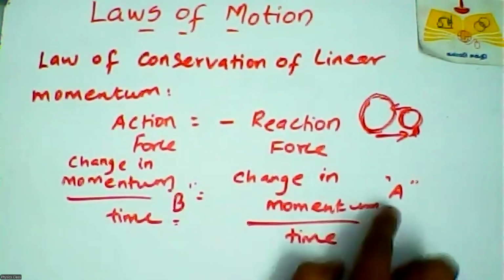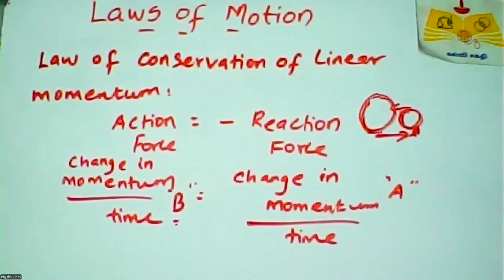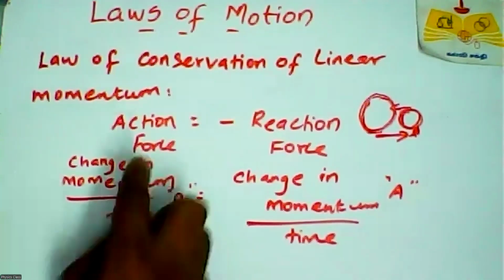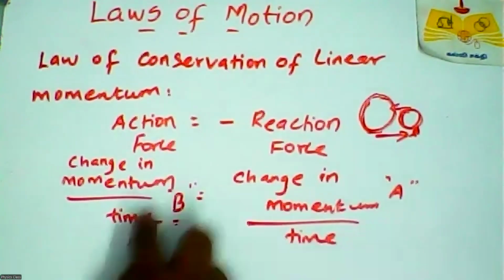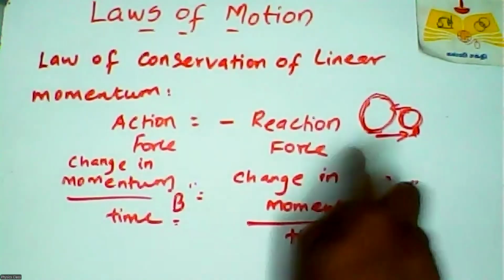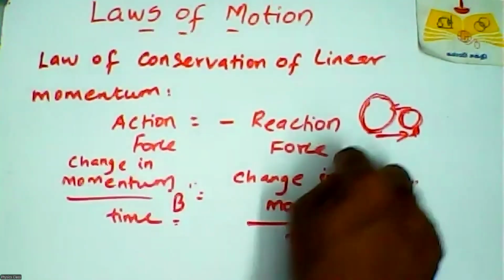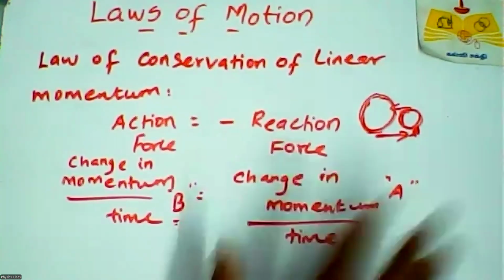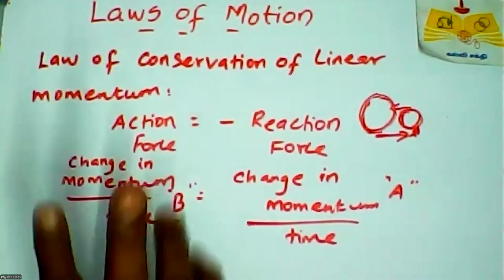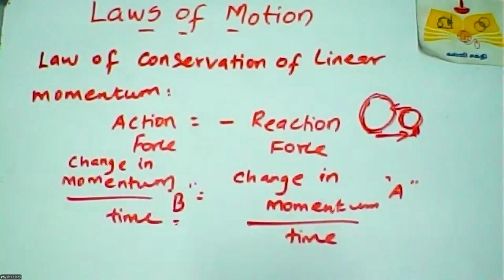So that's why I'm saying the action force is equal to the reaction force, which is the change in momentum of B, the change in momentum of A. So the action force will change the momentum of B, and the reaction force will change the momentum of A. So that's why I'm writing the change in momentum of A with respect to time, because F is directly proportional to dP by dt.